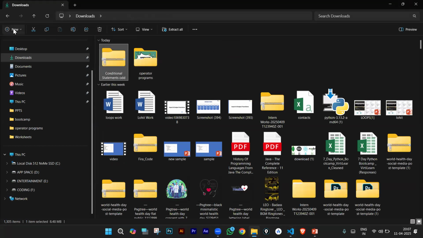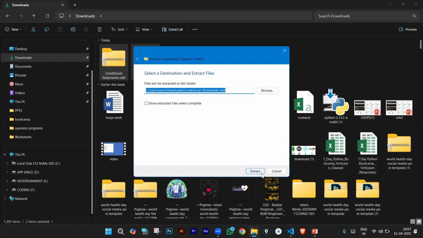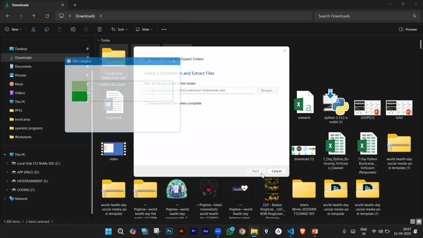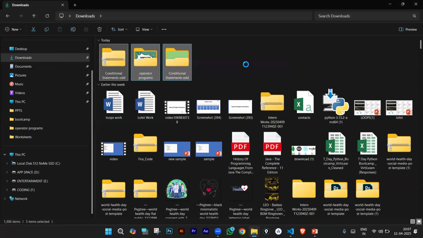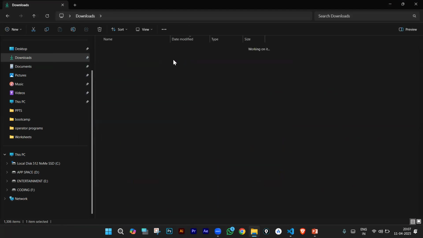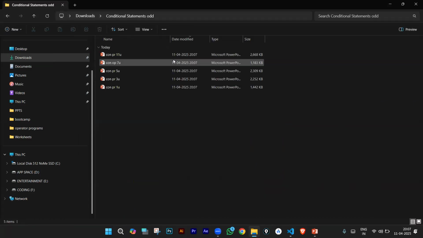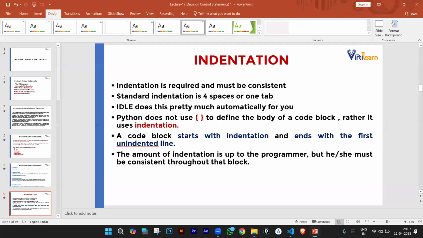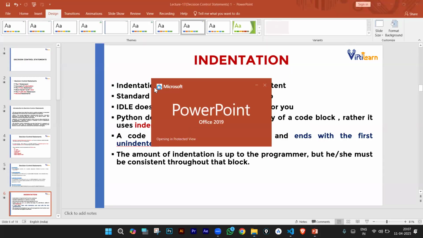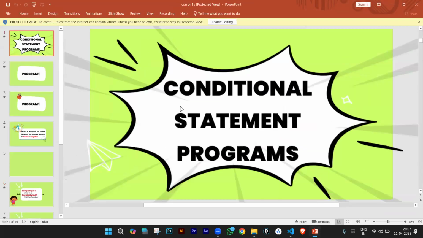Then we can go ahead with the second one. I think the first one is even or odd.